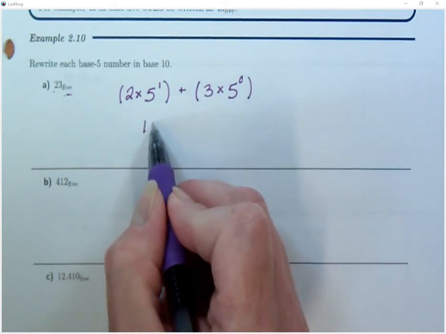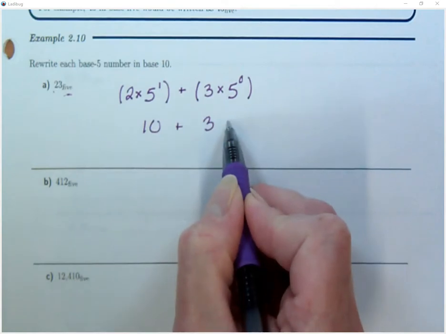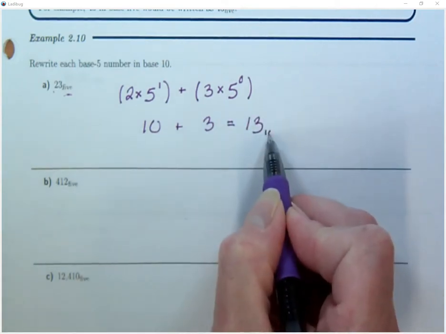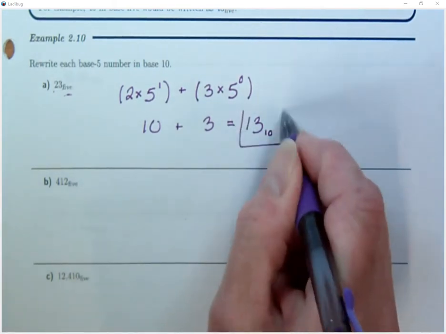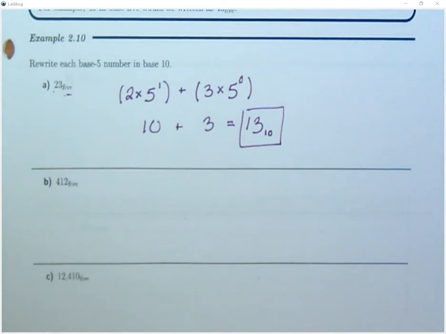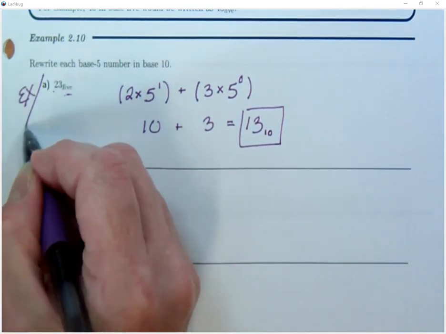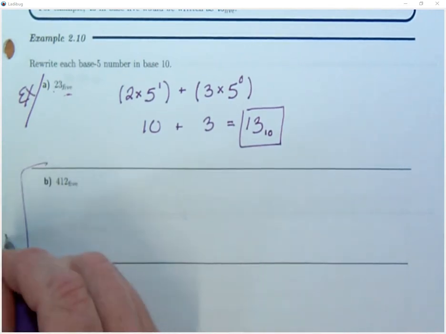So now here I would have 10 plus 3 equals 13, and that's in base 10. You can write the word 10 or just put the number 10 as a subscript. Okay, so that's our example. I'm going to leave these two here for you to do for classwork.